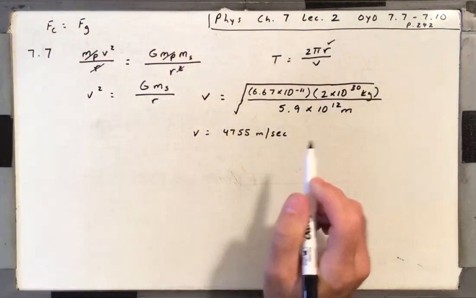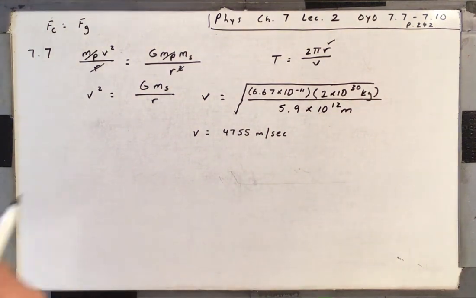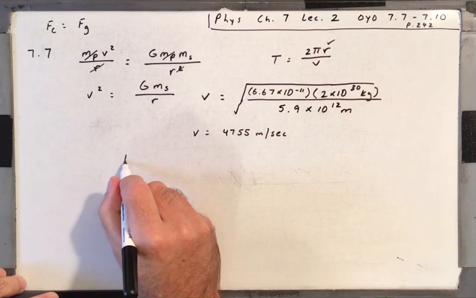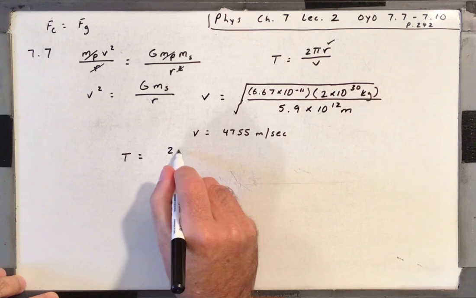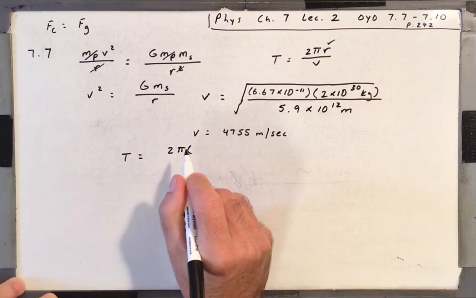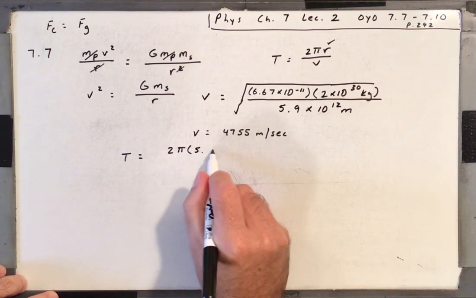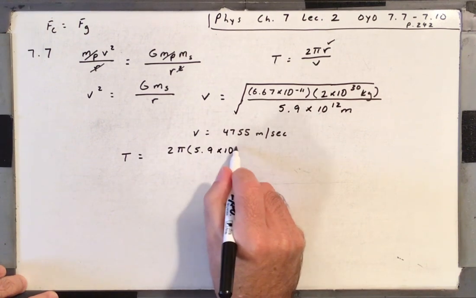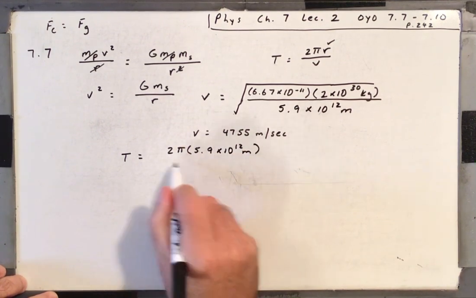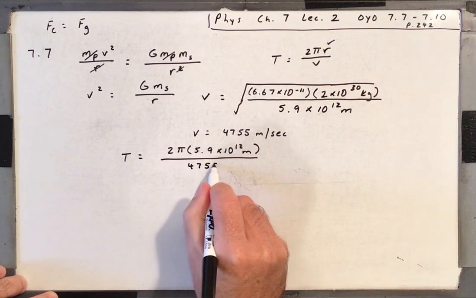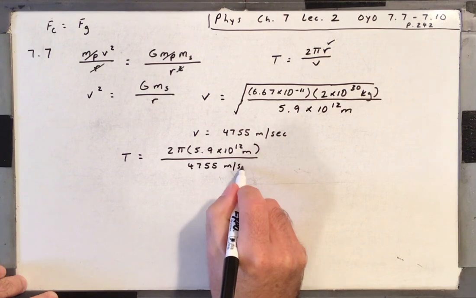Now that's not the answer. It asks for the period. How long does it take Pluto to make one orbit? Now this is really just going to be an estimate because Pluto's orbit is not completely circular. So the period is 2 pi times the radius, 5.9 times 10 to the 12th, over the velocity, 4,755 meters per second.